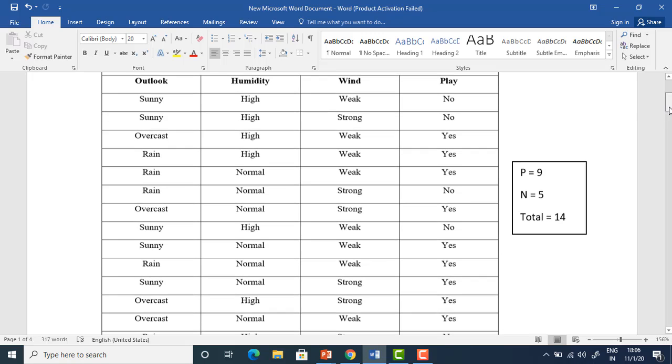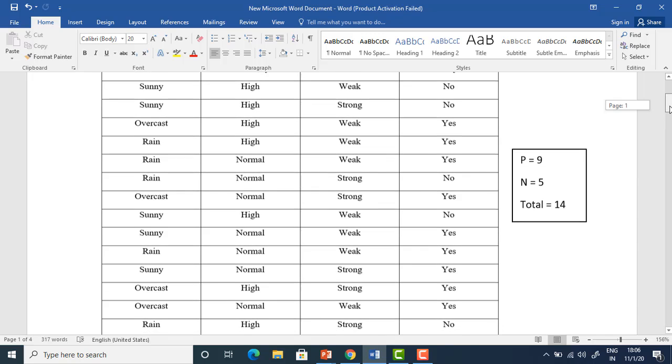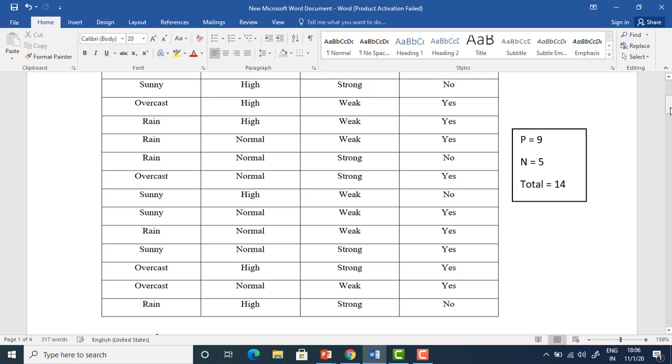From this data set, what I have taken is the number of positives and the number of negatives. If you count the records, there are 14 records in the data set they have given, 14 rows. The positives are 9 and the negatives are 5.